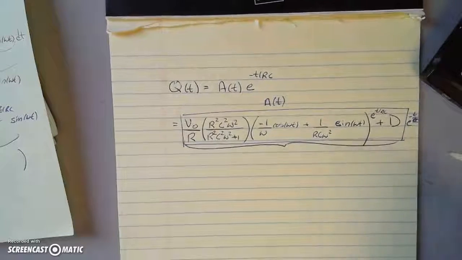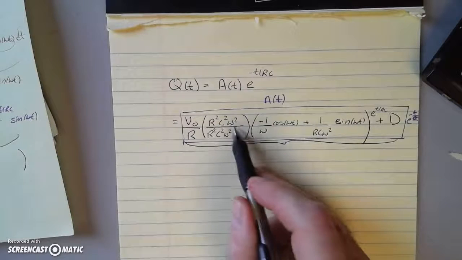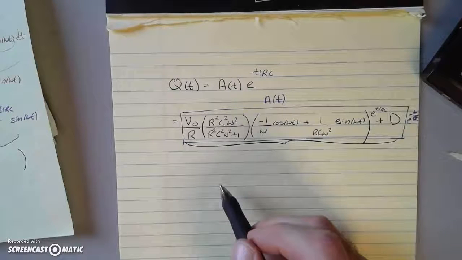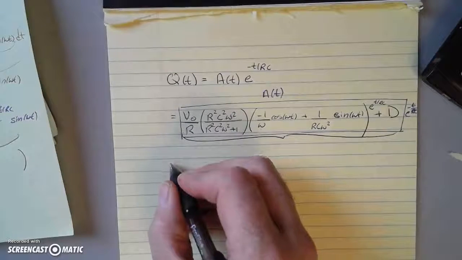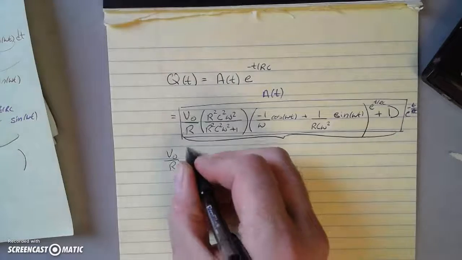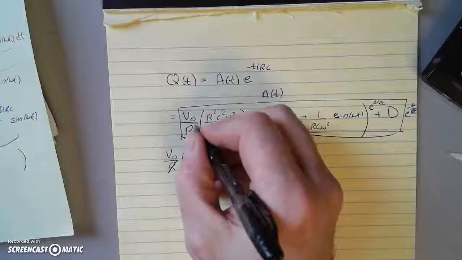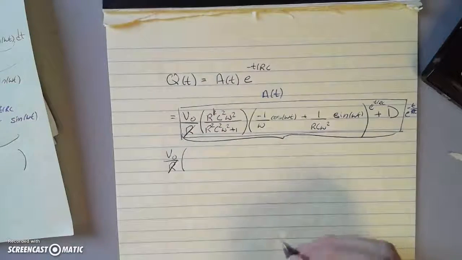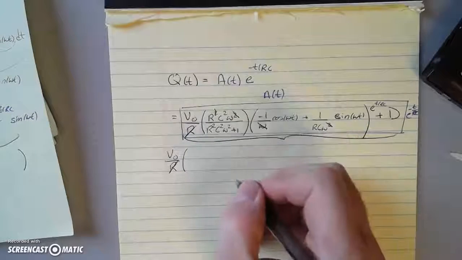So what does this end up being? Again, we can do a little simplification. There is an omega here. So I can write v naught over r. I can cancel one of these r's actually, so let's do that. I can cancel one of these omegas.